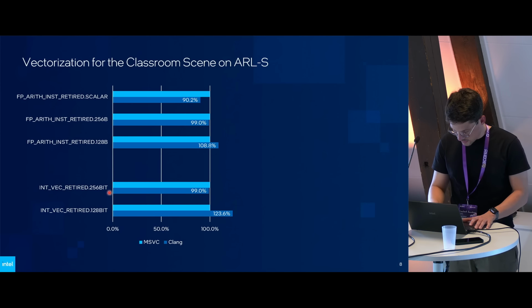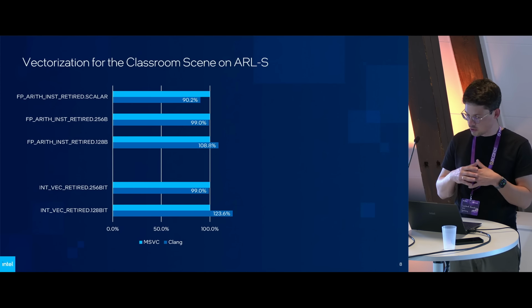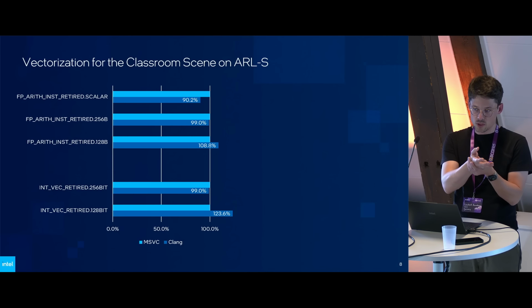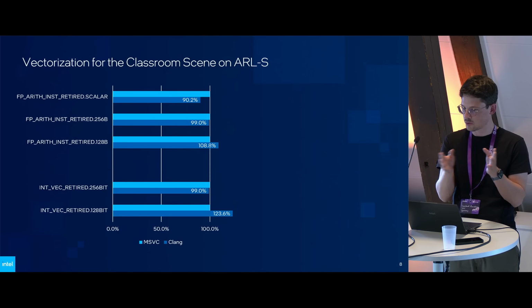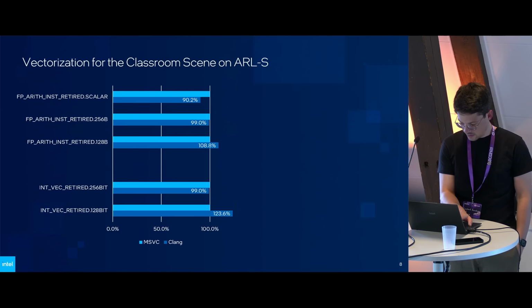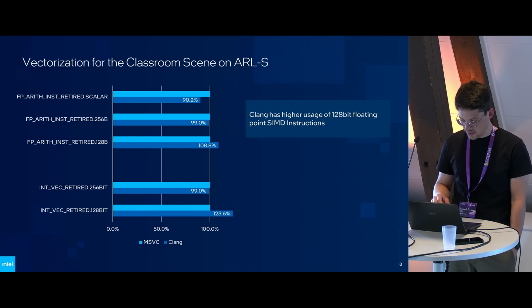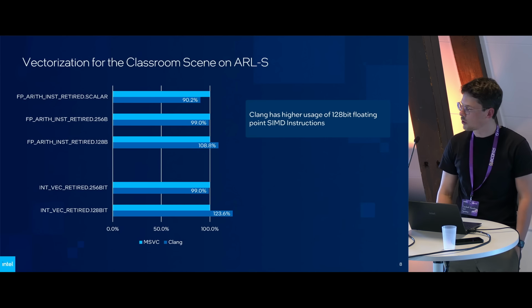What you can see is that these vector registers give us a speed up, because we can do the same thing we do with scalar instructions with multiple data, for multiple floats at once. And what you can see is that Clang has a significantly higher usage of these 128-bit floating point vector registers.